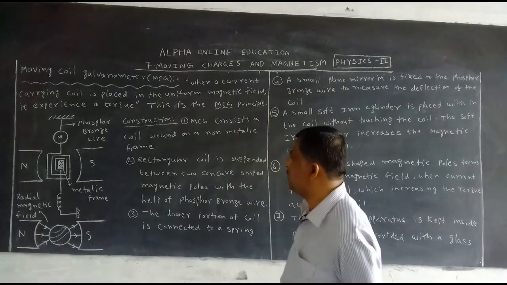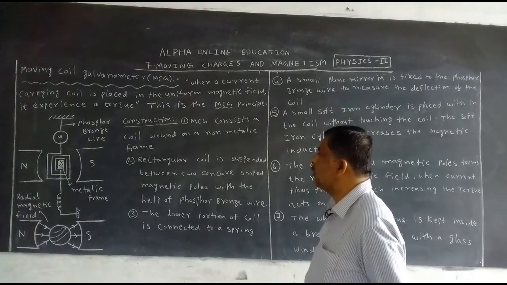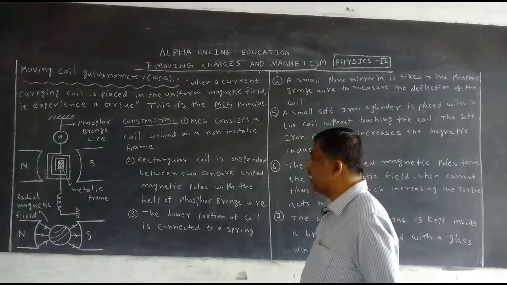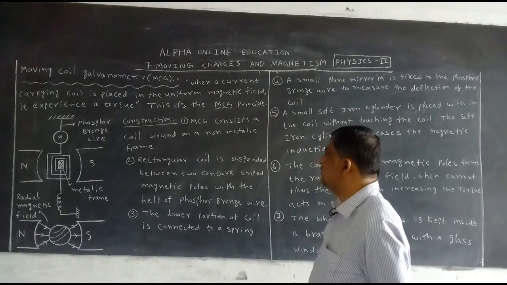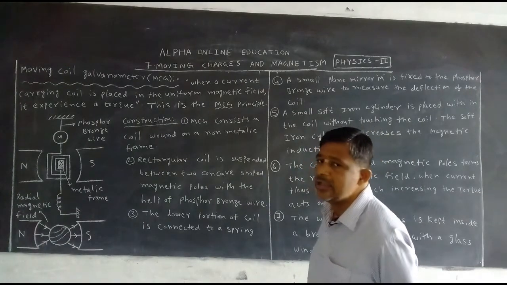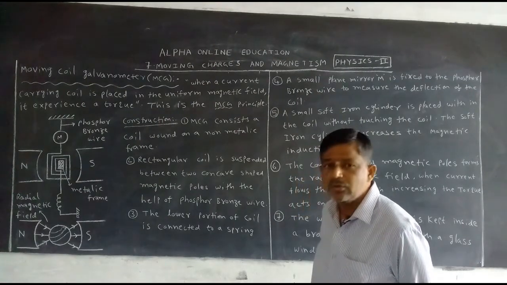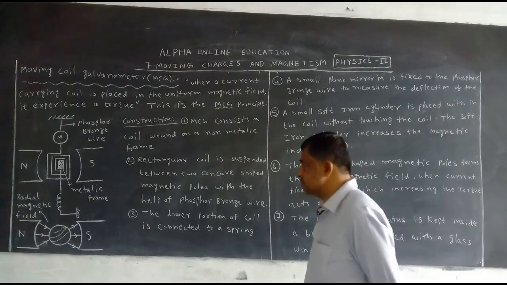When a current carrying coil is placed in a uniform magnetic field, it experiences a torque. This is the MCG principle.